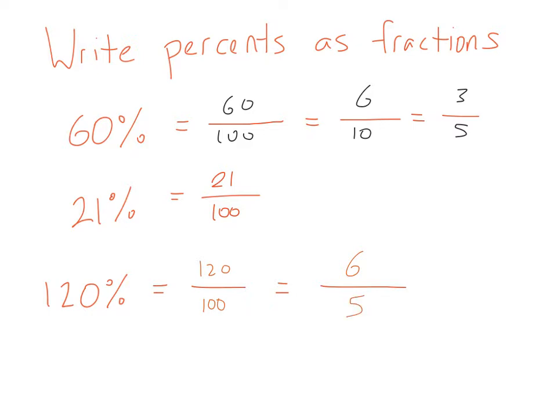So our answer is 6/5. You could have gone the longer route like we did up top, dividing by 10 first, which gets you 12 over 10, and then go to 6 over 5. We did the shorter way. There you go, percents as fractions. Always start with over 100 and then reduce.